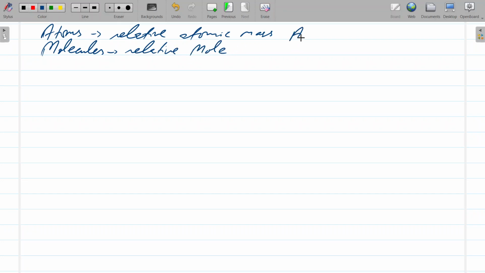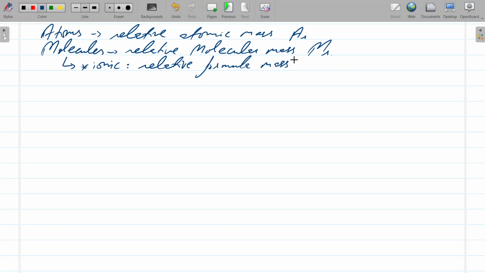So this is written as Ar, and this is written as Mr. And if the molecule happens to be ionic, for that it's called relative formula mass. It's just a different name, it's the same thing.